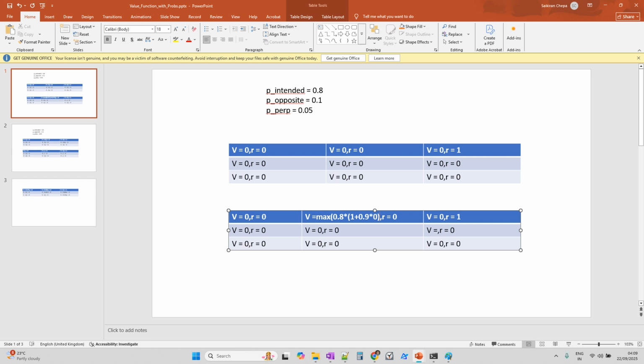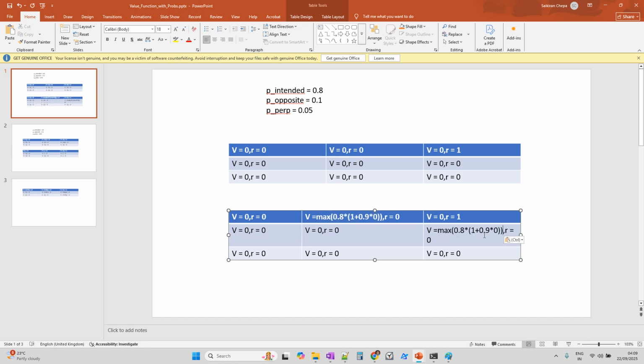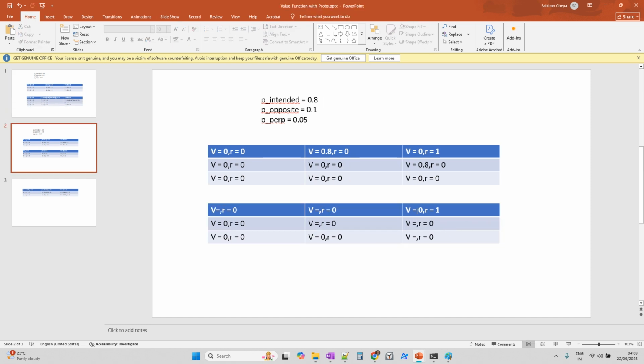That's the only thing. The remaining are all zeros, nothing will contribute. For this also the same value will come. Here also the same value will come. So this is nothing but 0.8. If you see here, 0.8 and 0.8 are coming.